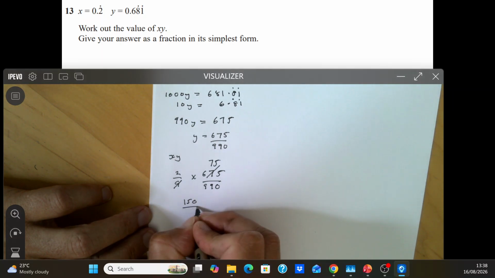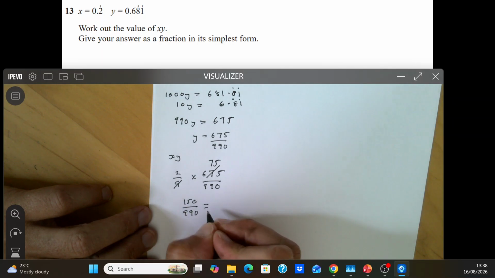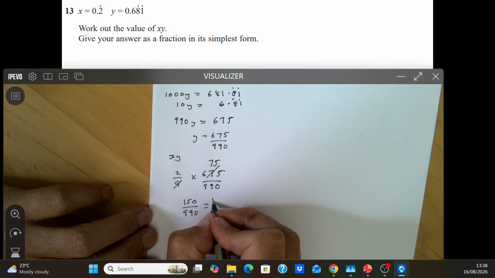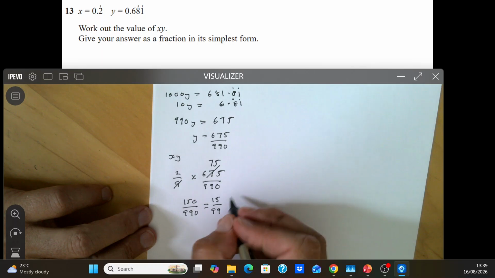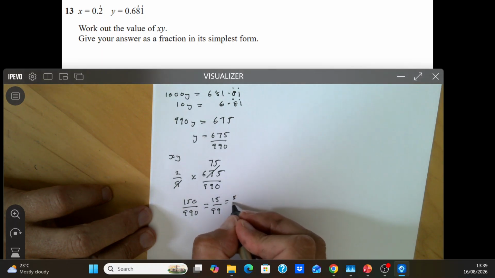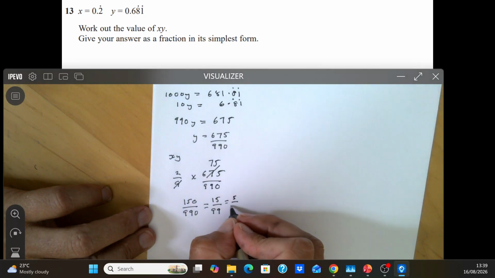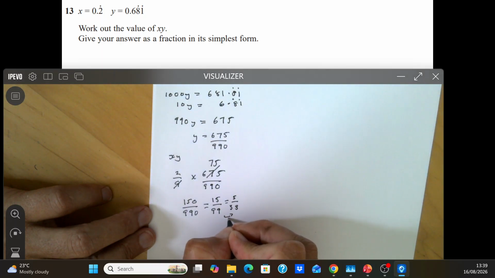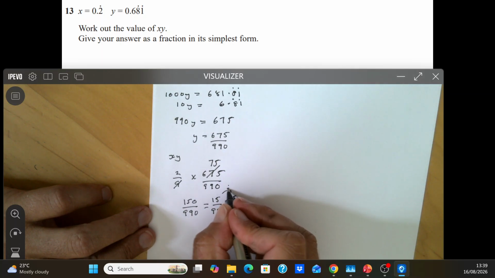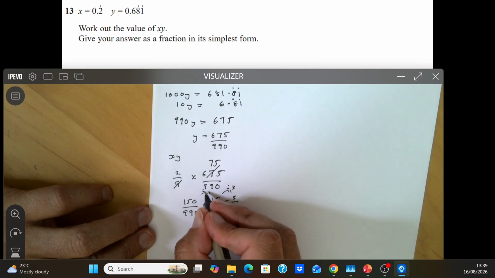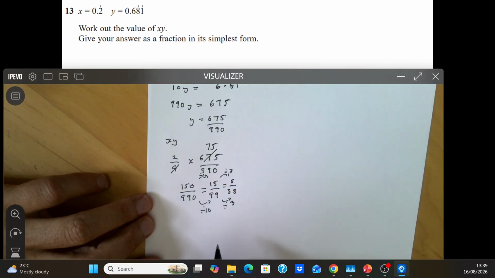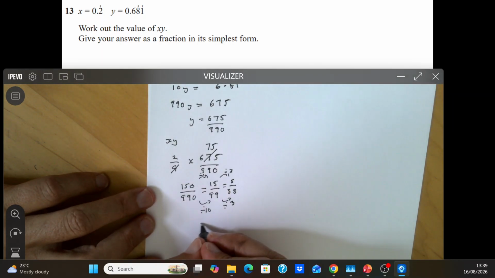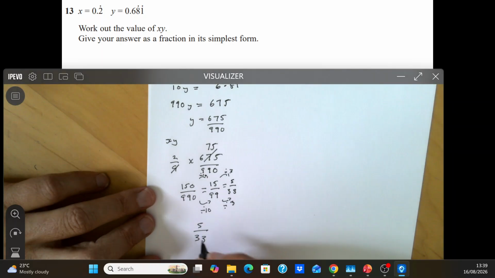So I know 150 over that, which equals 15 over 99. 3 goes into both, so that gives me 5 over 33. I'm just going to write the divide by 3, divide by 3, divide by 10, divide by 10, so it's clear. So that is my answer, 5 over 33.